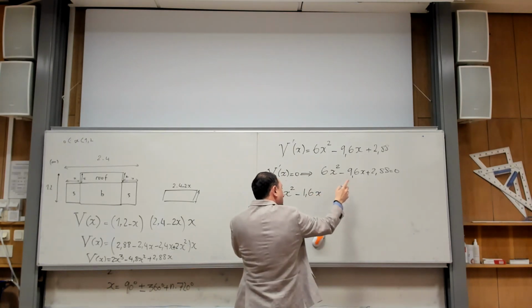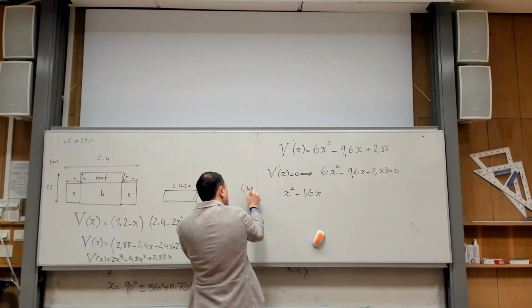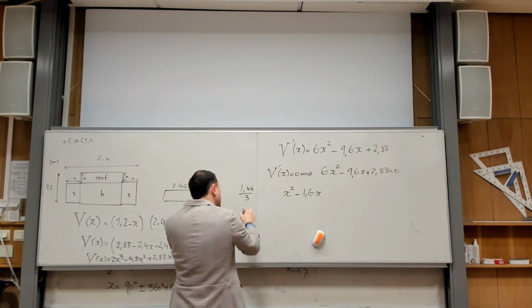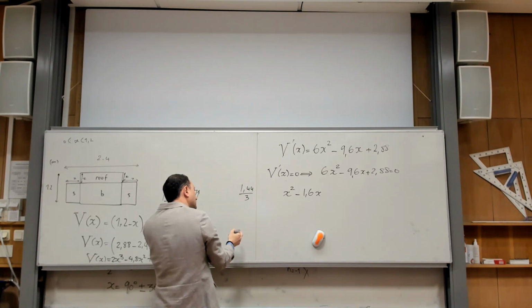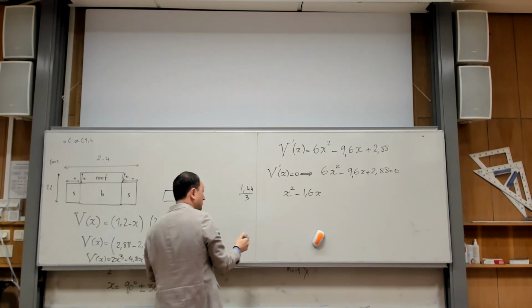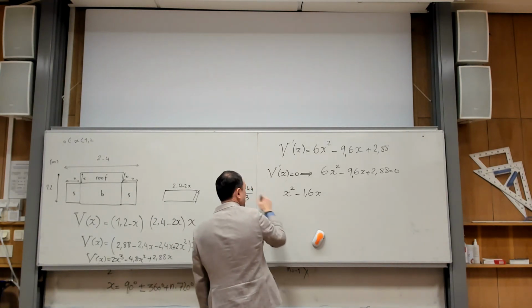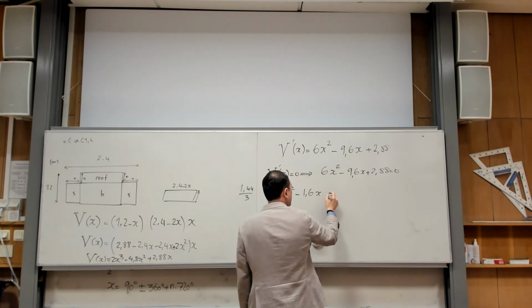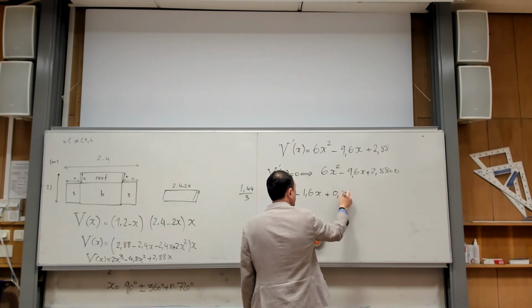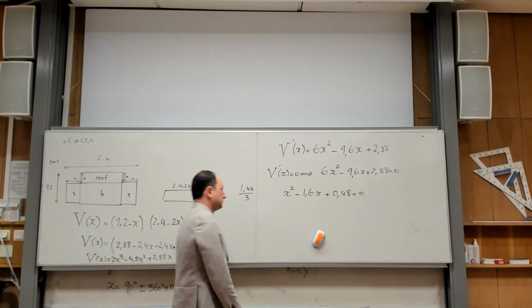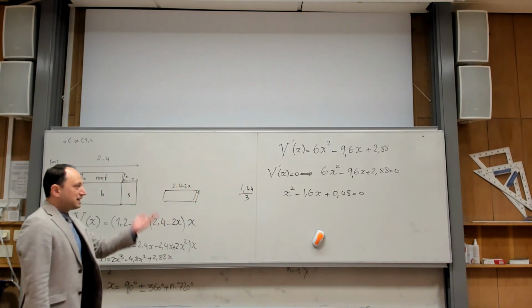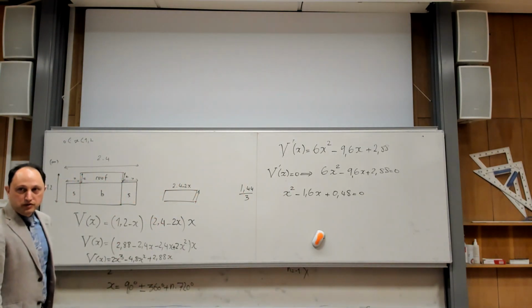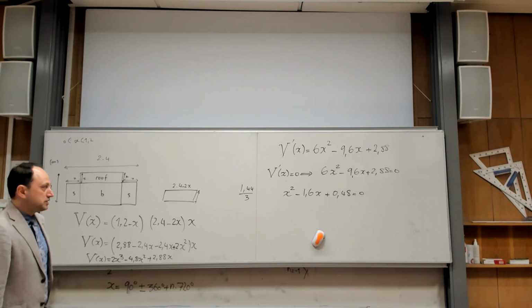If I divide that by 6, it becomes 2.88 divided by 6. What is the answer? 0.48, thank you. So it becomes plus 0.48 equals 0. But of course, if you have a calculator, you really don't need to bother about simplification that much, because even if the numbers are big, you put them there, yes?